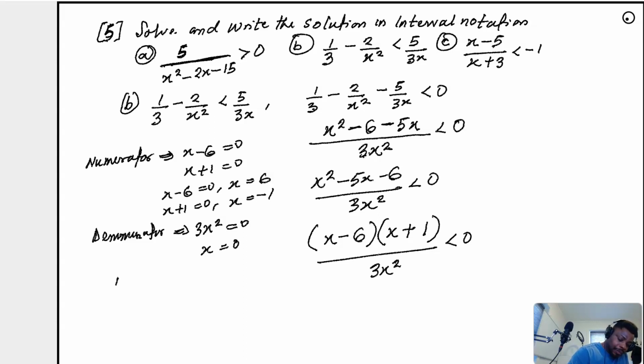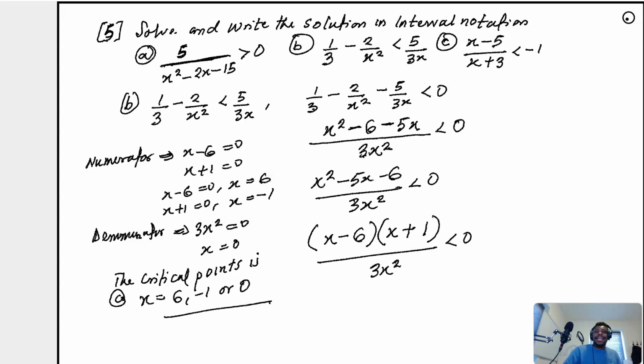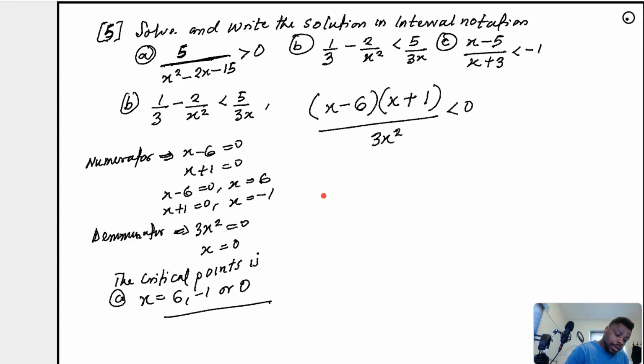So here, the critical points are at x equals 6, minus 1, or 0. Okay, the next thing is to put this on a number line. Now, let's put our number line. So we have minus 1, we have 0, and we have 6.